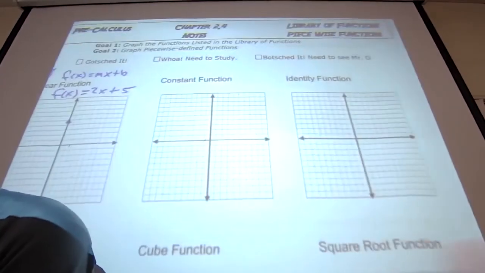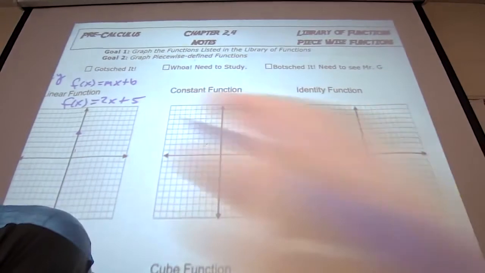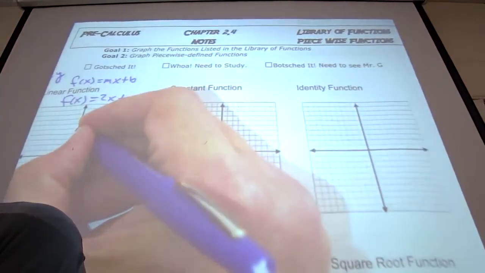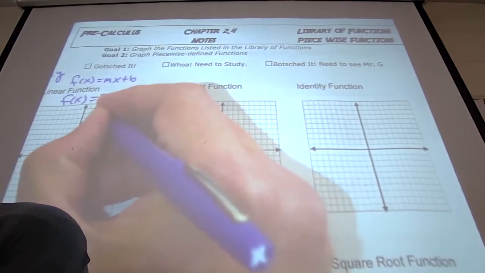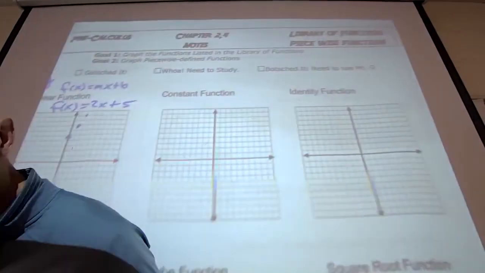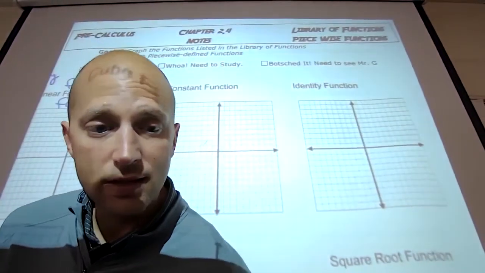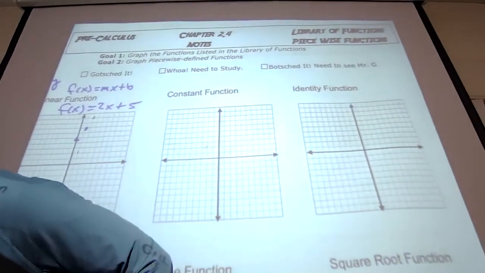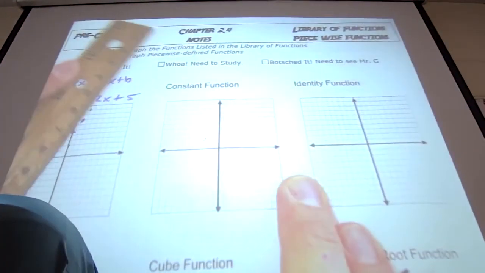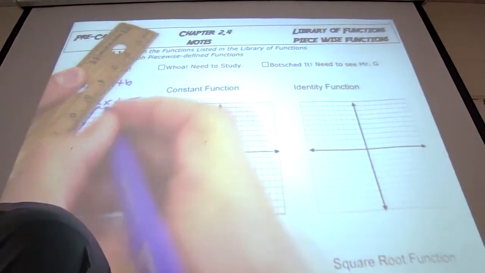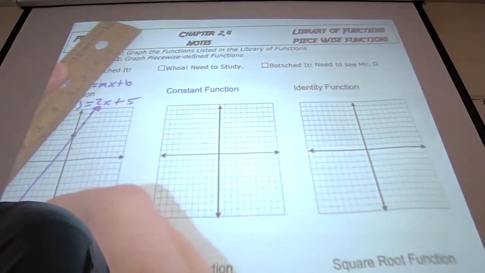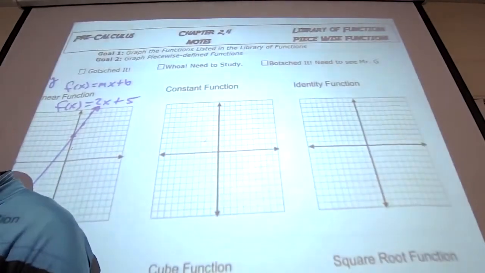Brought it back from chapter 1.4, so we're graphing lines. So I go up 2 over 1, up 2 over 1. And again, nice, pretty straight line. If you have a straight edge, it works great. I've got a nice, pretty ruler right here. If you've got an ID, that looks great if you're doing this by hand. I always do arrows on the ends of your graphs, so it looks nice and pretty.